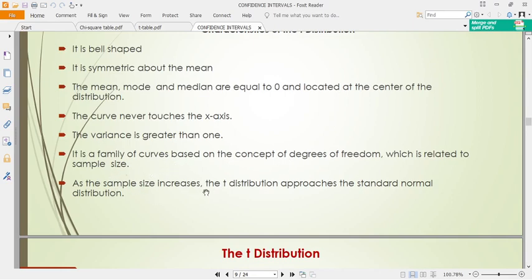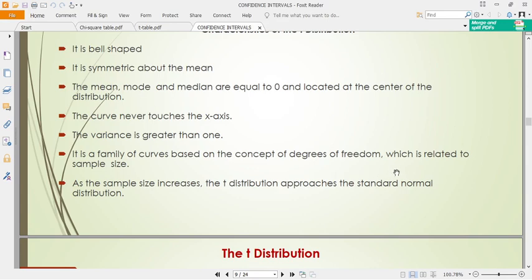However, as sample size increases, the t-distribution approaches a normal distribution. So when the sample size reaches 30, then the t-distribution becomes a normal, or it approximates to a normal distribution. So here we are going to use degrees of freedom. And please note that to get degrees of freedom, we subtract 1 from the sample size.